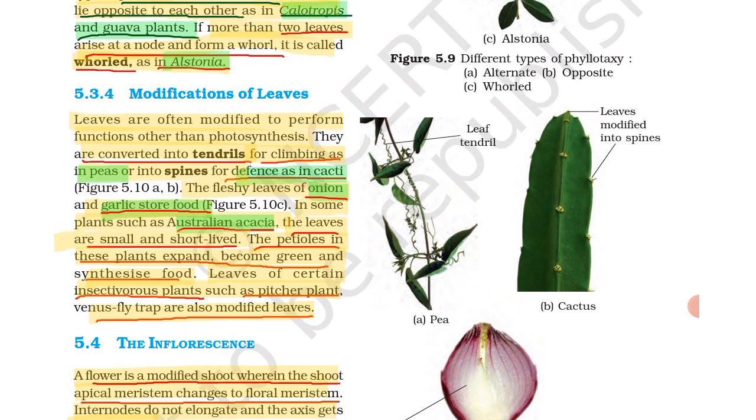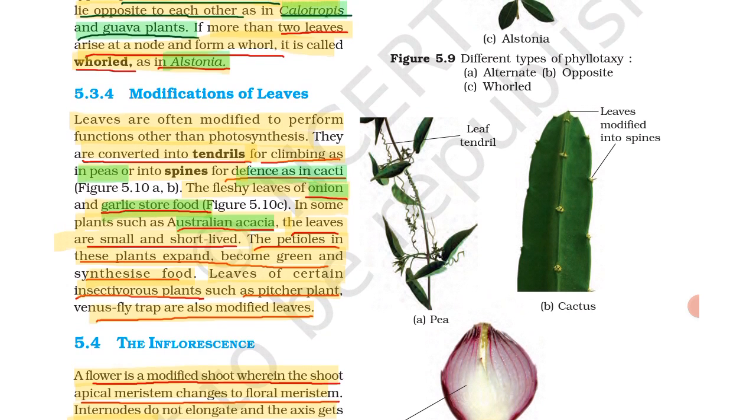So see, other than photosynthesis, leaves can be converted into tendrils, and these tendrils are helpful for climbing, and the example is pea. Leaves may also be converted into spines for defense, as in cacti.